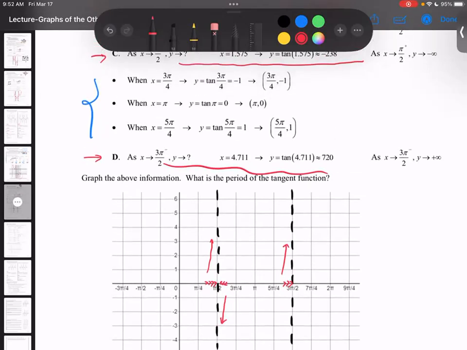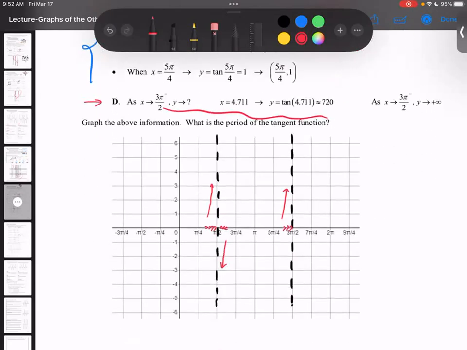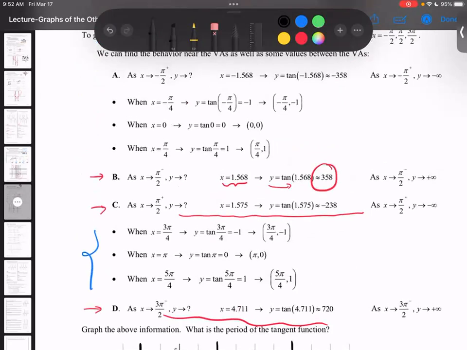So far, so good. I'm just assessing the vertical asymptotes and behavior. Oh, you can do negative pi half if you want. Yeah, maybe we can do more. Did they put it? They don't have negative.